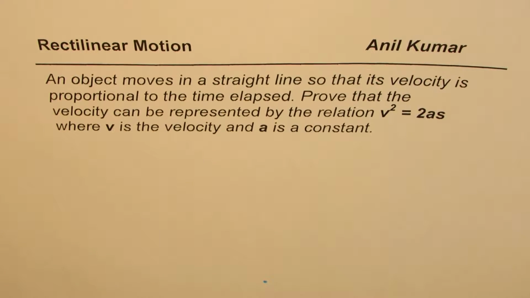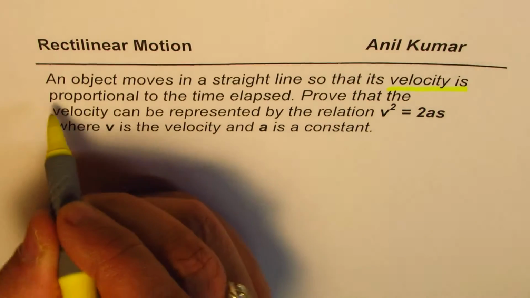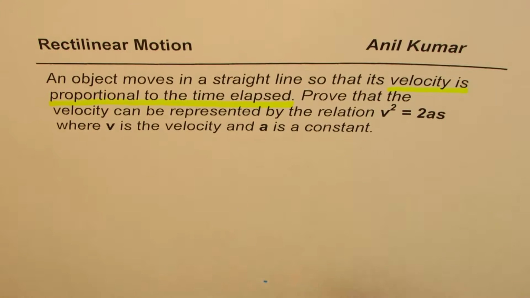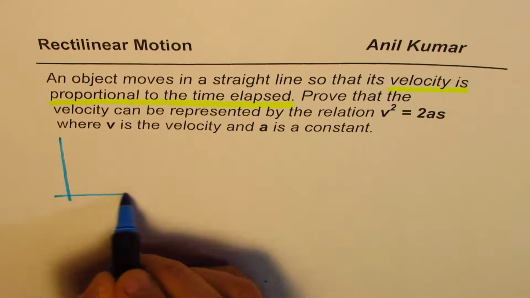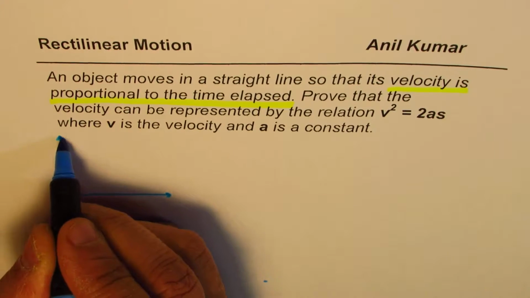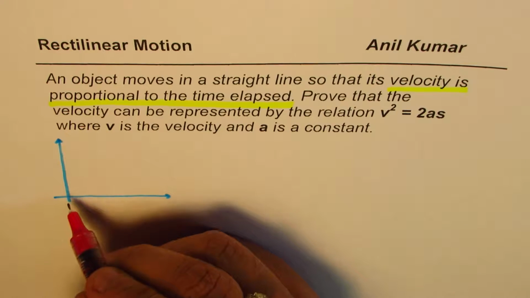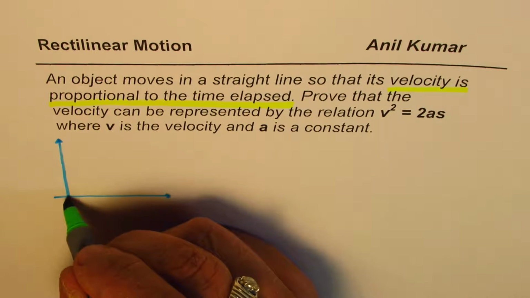So in this statement, we have velocity is proportional to time elapsed. What does that mean? It really means that if I sketch a graph of velocity and time, proportional means directly proportional, right? So the graph should be going through the origin, like this.